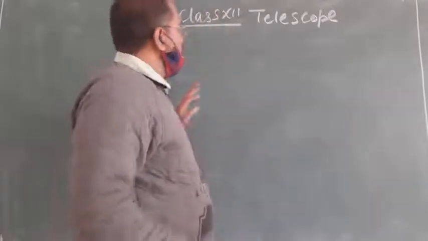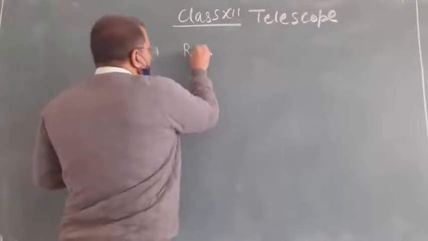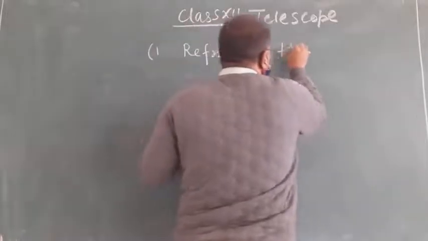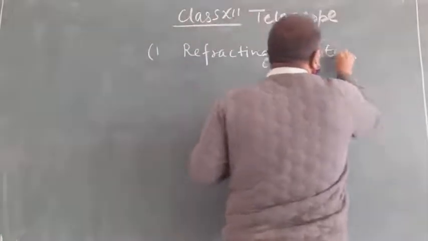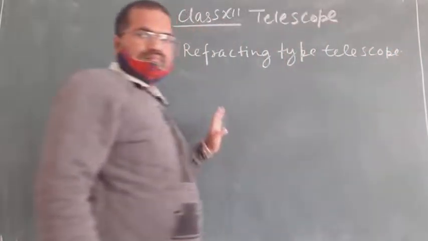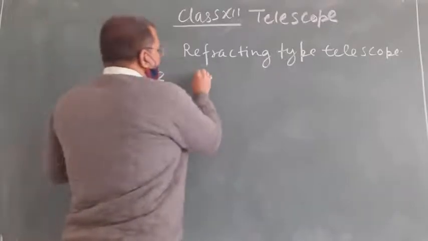So telescopes are of two types. One is refracting type, the other one is reflecting type.